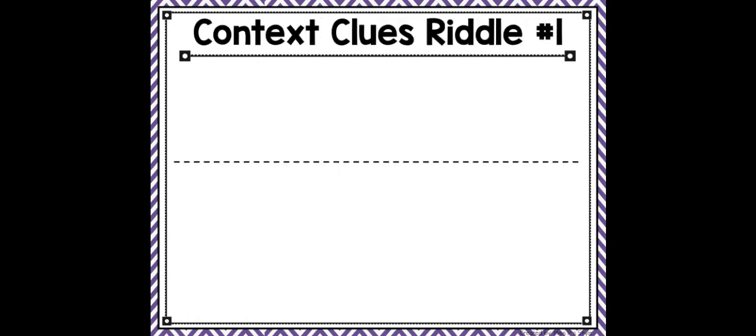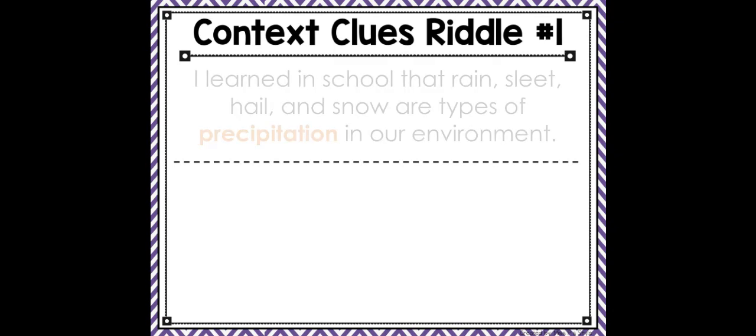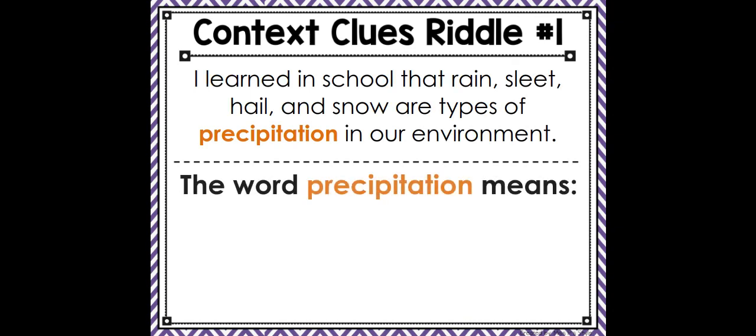Now that we learned different clues readers can look for when solving unknown words, we will apply our knowledge to some riddles. I learned in school that rain, sleet, hail, and snow are types of precipitation in our environment.